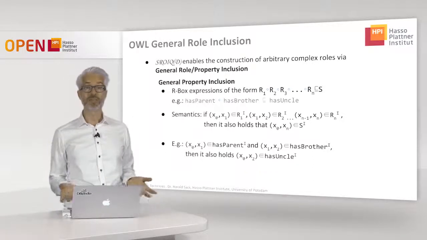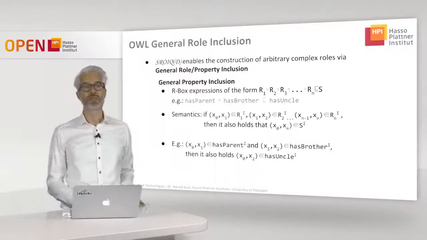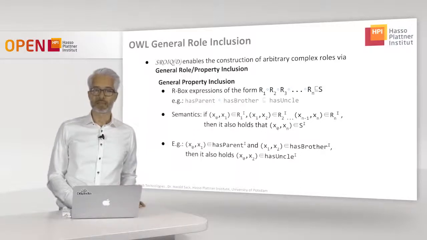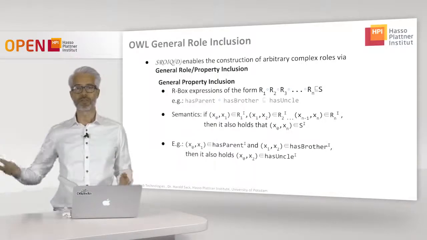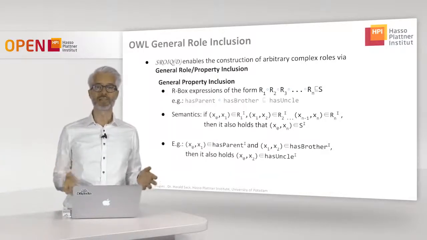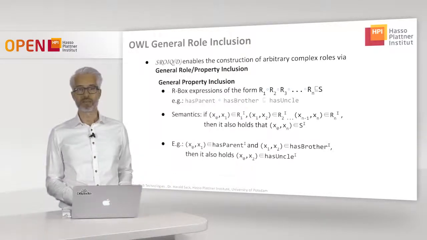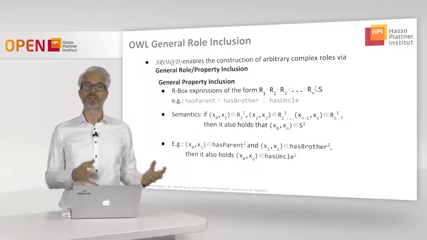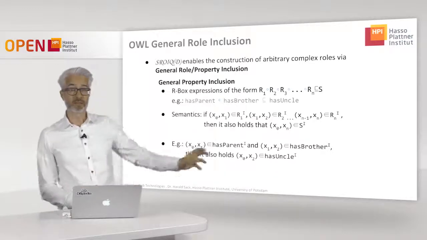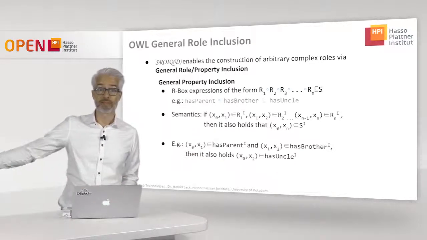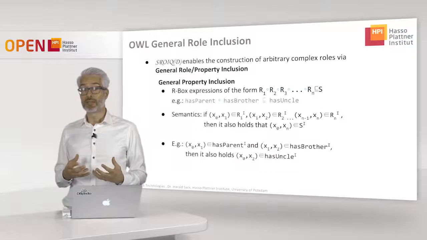If we have two individuals, x sub 0 and x sub 1, and they are both in the interpretation of role R sub 1, and we have x sub 1 and x sub 2, both in the interpretation of role R sub 2, and so on, until we have the individuals x sub n minus 1 and x sub n, both in the interpretation of the role R sub n, then it also holds that the first of the line, x sub 0, and the last of the line, x sub n, are both part of the interpretation of S.